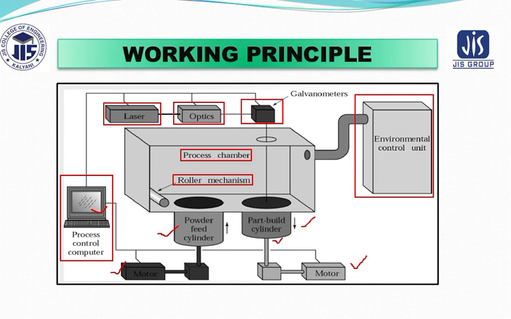The powder feed cylinder is raised incrementally, meaning slowly, to supply powder to the part build cylinder through a roller mechanism. You can see the roller mechanism here, so that you can obtain the product.